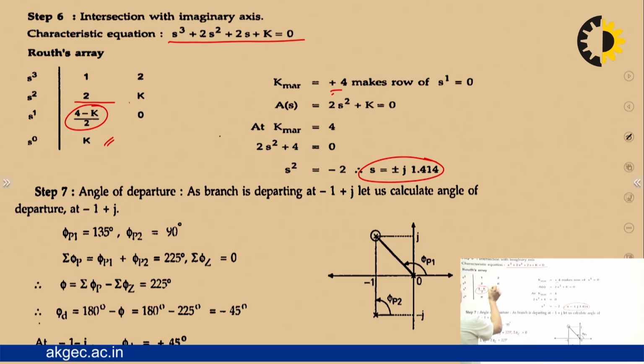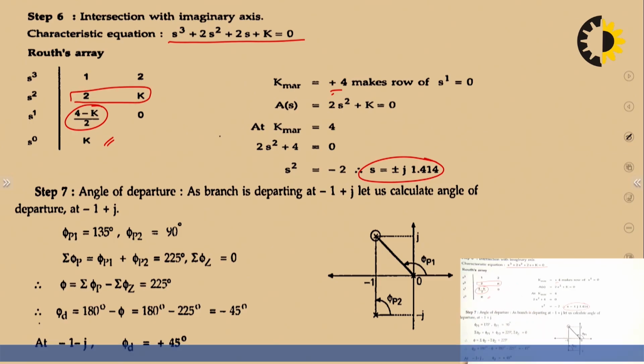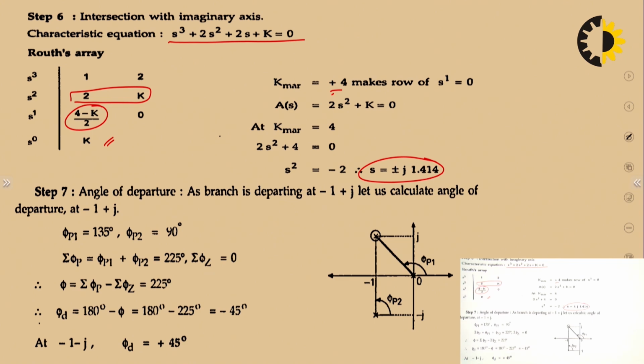We make the characteristic equation with the help of this, and the value of s becomes like this. Because there are complex poles, we have to calculate the angle of departure as discussed previously. The angle of departure comes out to be minus 45 degrees for minus 1 plus j, and plus 45 degrees for minus 1 minus j.